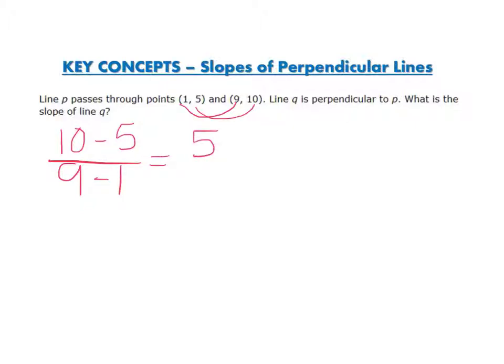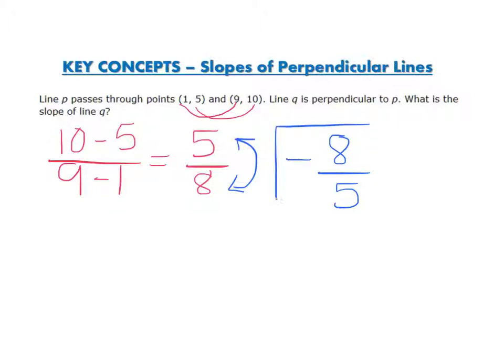So that gives us 5/8. All right, so when we invert this, we get 8/5, and the opposite sign, the opposite of a positive, is a negative. So the slope of line Q is -8/5.